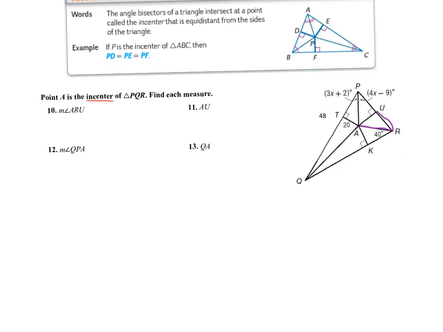If AR is our angle bisector, then ARK has to have the same measurement as ARU, because angle R would be bisected by the ray AR, which means ARU would equal ARK, which is equal to 40 degrees.